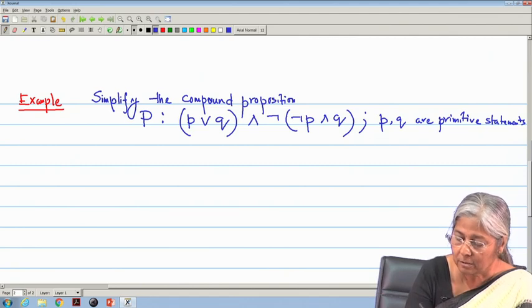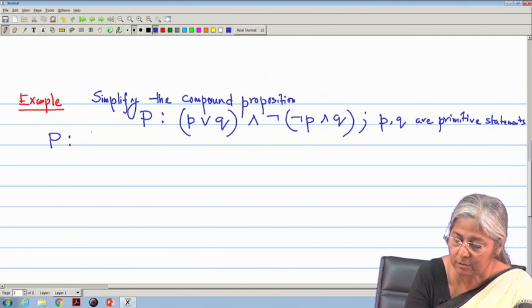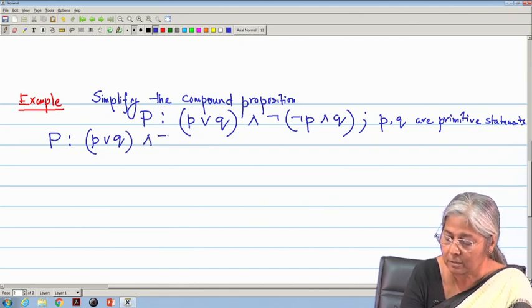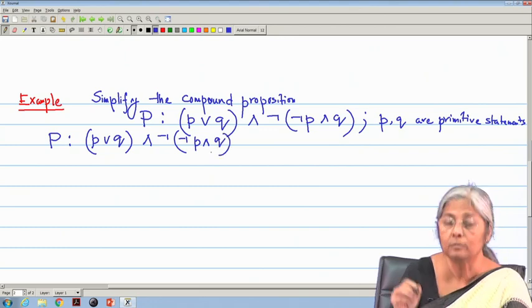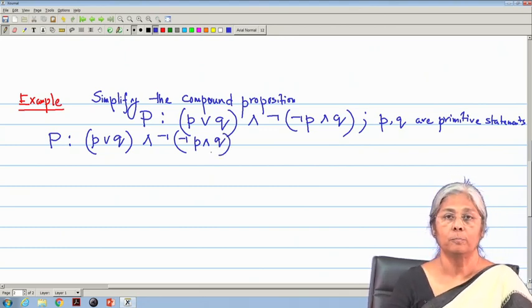We start from the given compound proposition and apply the laws of logic.